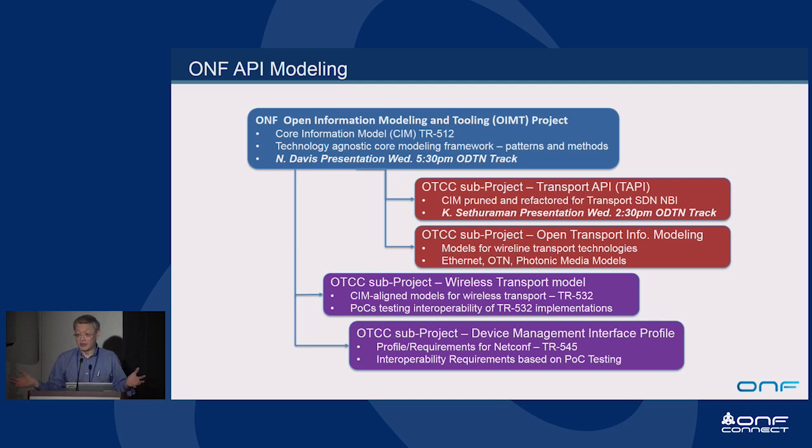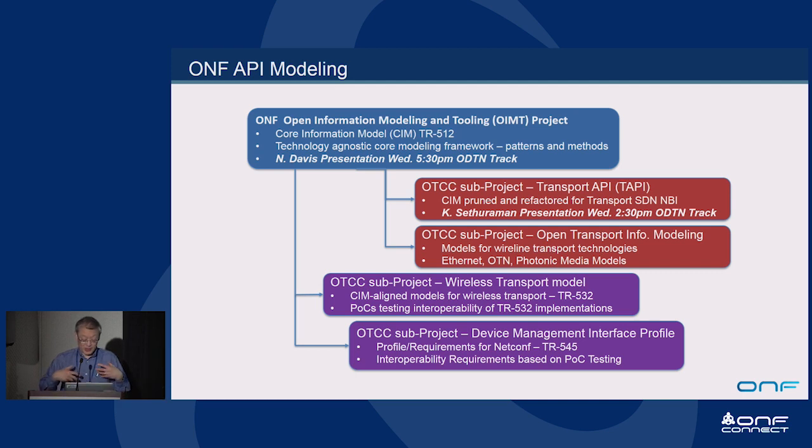I mentioned that we have a lot of photonic modeling going on, so that's tying in with the ODTN project. And you may have seen the ODTN demonstration in the expo room as well. So this core information model then feeds into a variety of technology-specific work. There's a project called the Transport API, which again is tied in with ODTN, and there's going to be a talk about that tomorrow at 2:30 in the afternoon on the ODTN track.